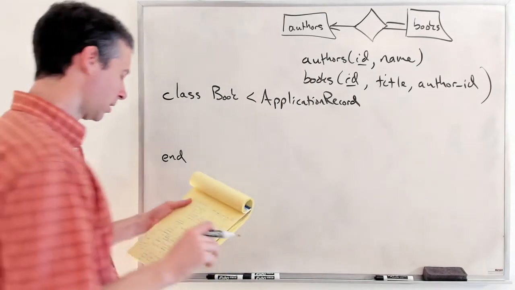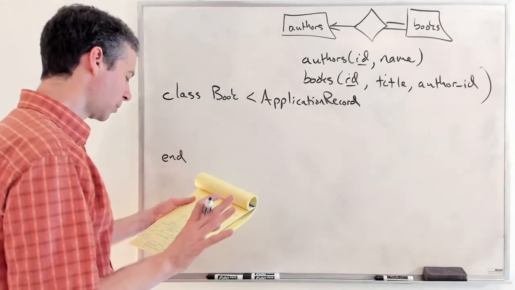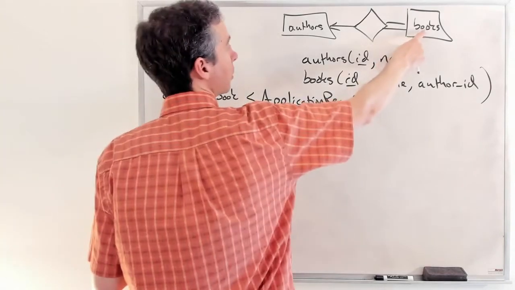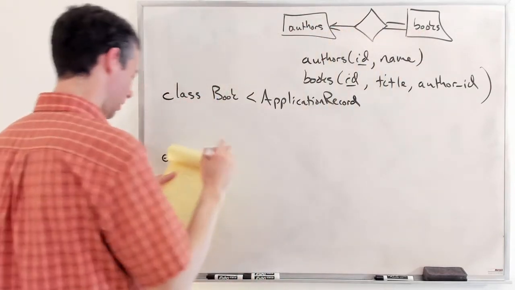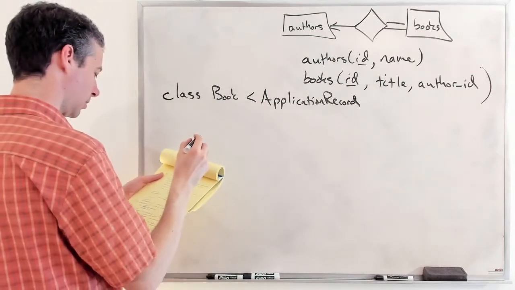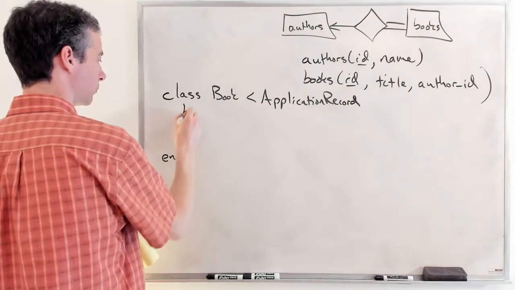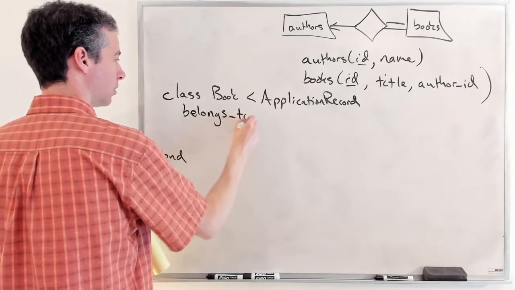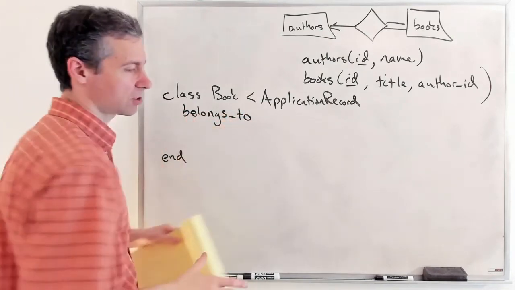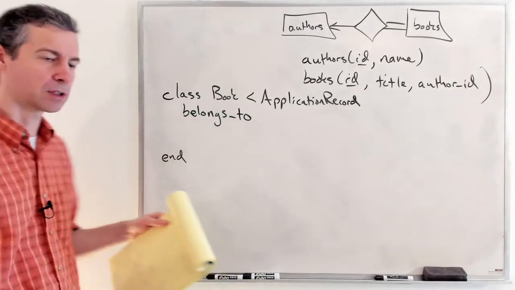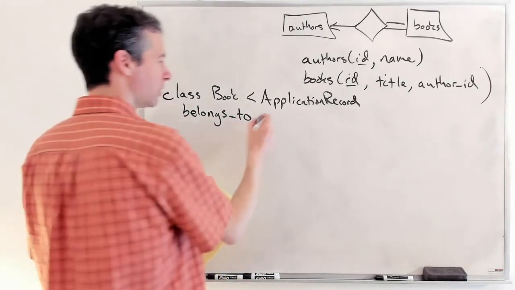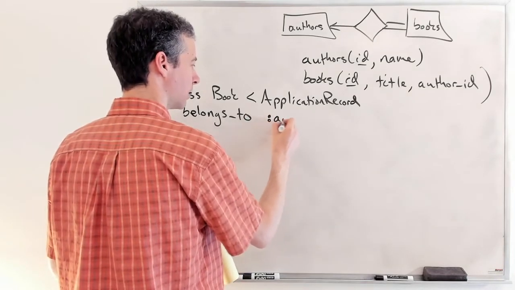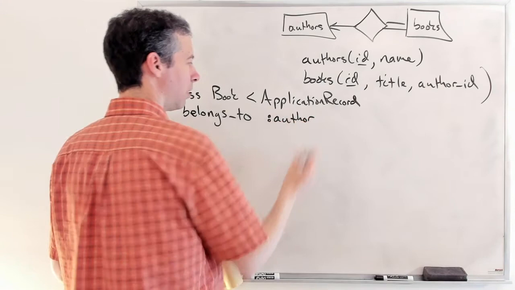Here, though, the way that we put in the association, and again, a book belongs to one author, is we basically write belongs_to. This is actually a method call here, but we don't use the parentheses. And then we give it the symbol :author.